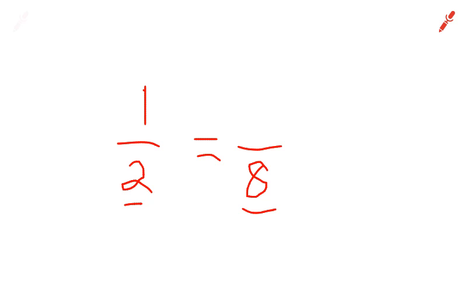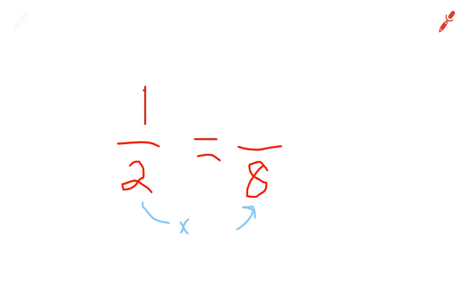So let's look at another one. Say I have the fraction 1/2, and I want to find an equal fraction that has an 8 on the bottom, for the denominator. So here I have a denominator of 2, here I have a denominator of 8. I want to see what my numerator would be. So I have to ask myself, 2 times what number equals 8?